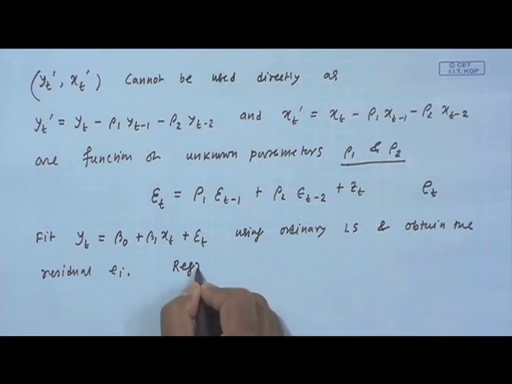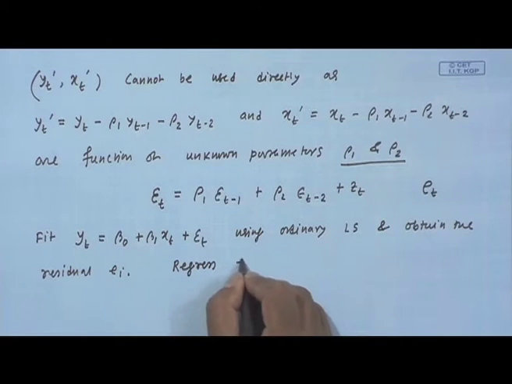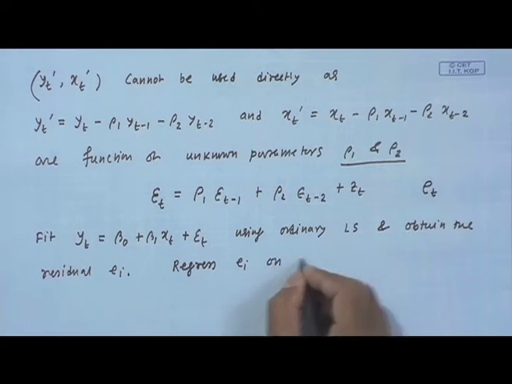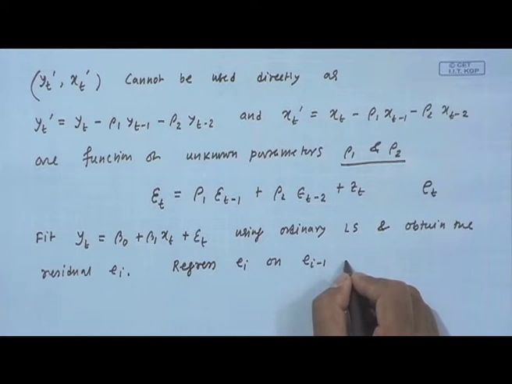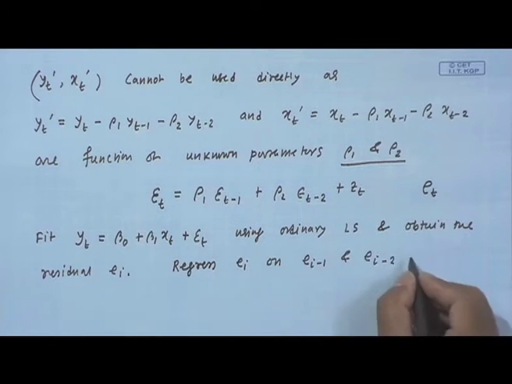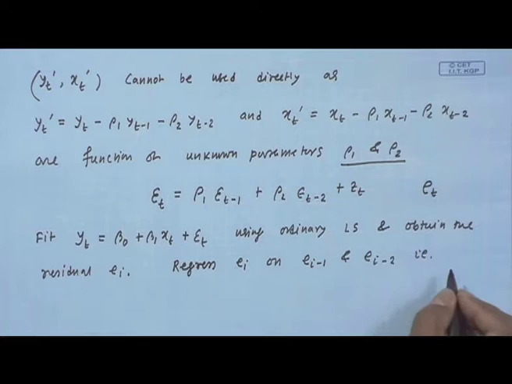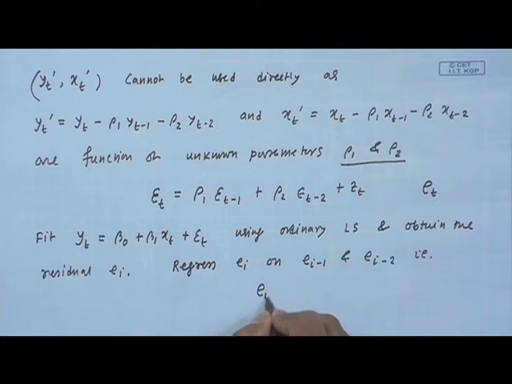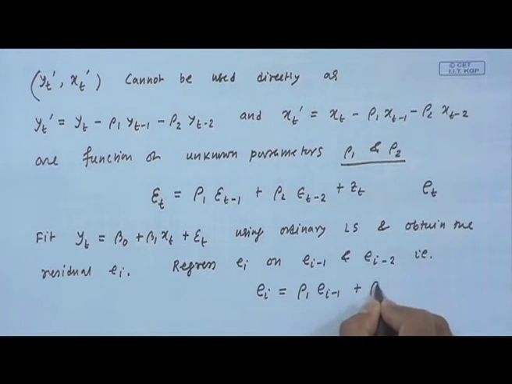regress e i on e i minus 1 and e i minus 2. That is, you fit a model like e i is equal to rho 1 e i minus 1 plus rho 2 e i minus 2 plus some error z t.